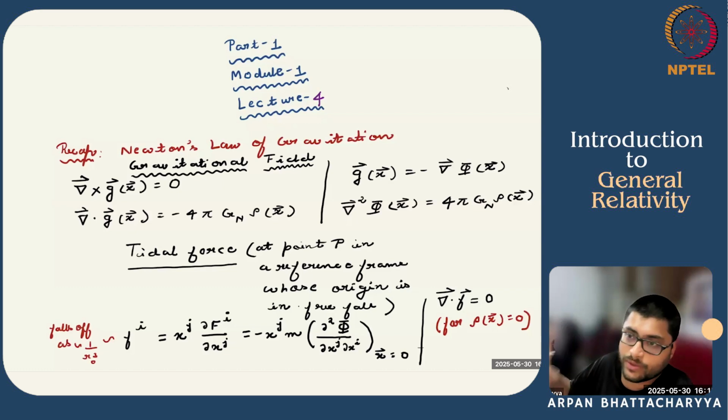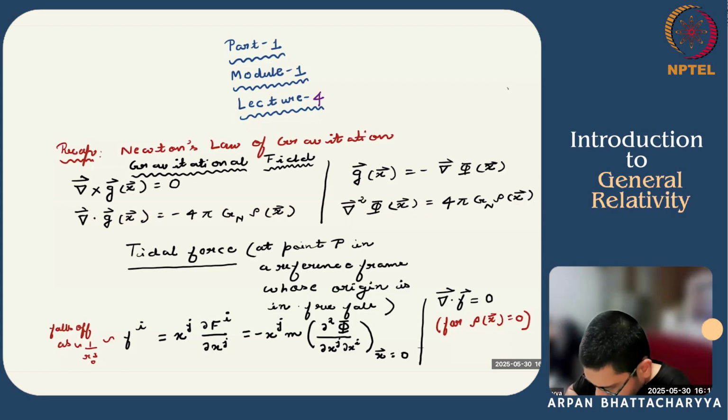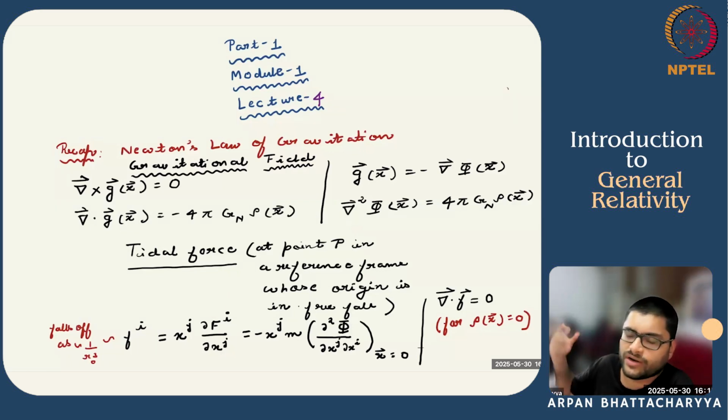Basically, you can do a local experiment to measure the tidal force and say that this is happening due to the gravitational field, not due to some inertial force. And this f falls off as 1 over r cubed. It should be evident from the expression that we wrote down earlier, because it is actually a derivative of the gravitational field, which is given here. So this is the gravitational force, and if you take one more derivative of the inverse square law, it falls off as 1 over r cubed.